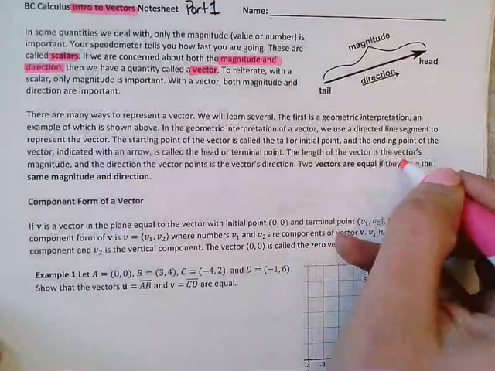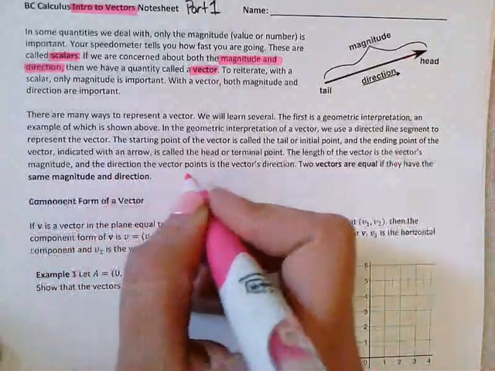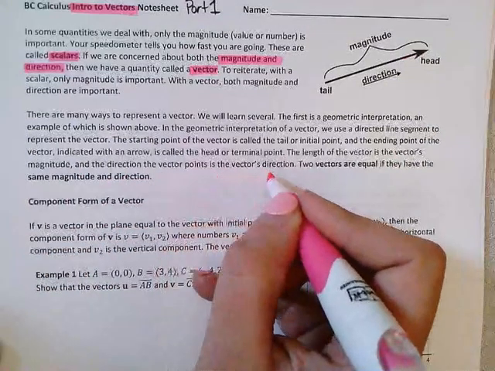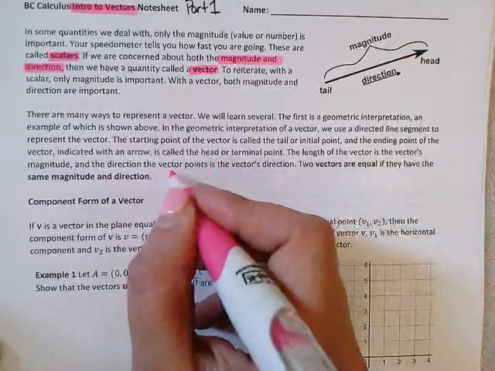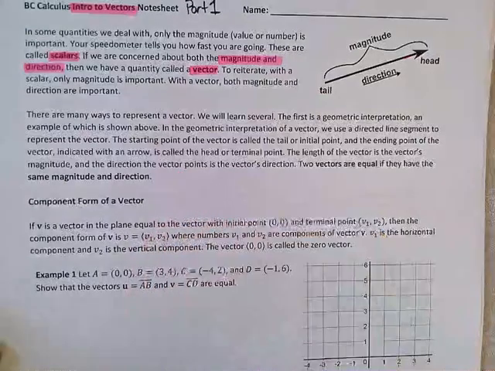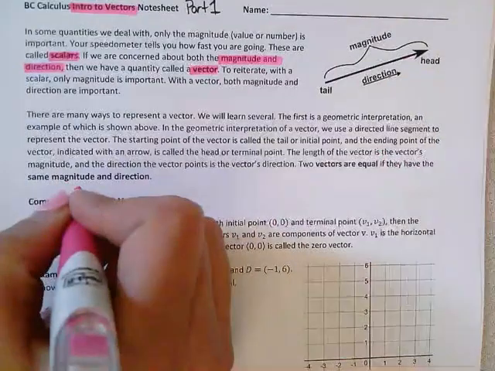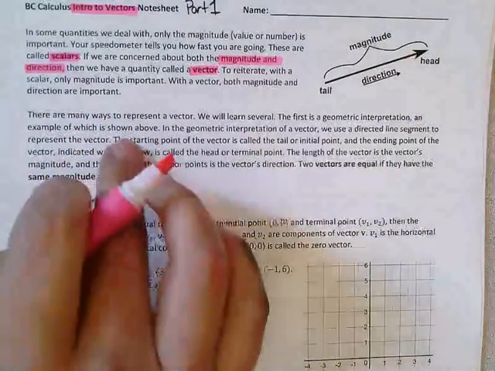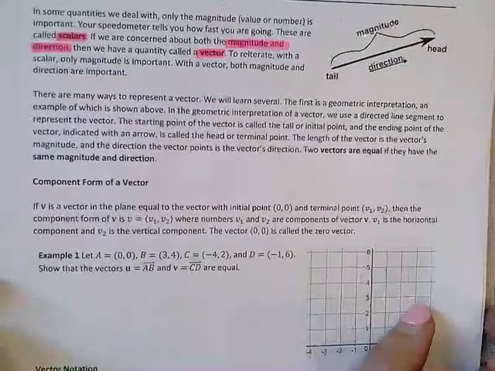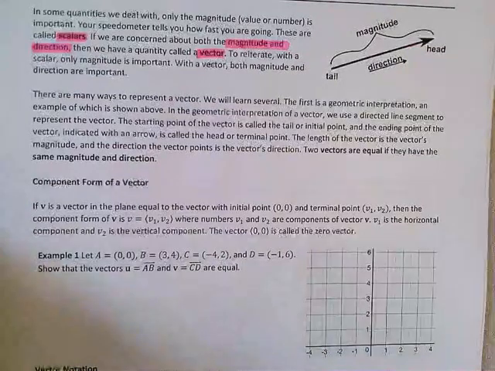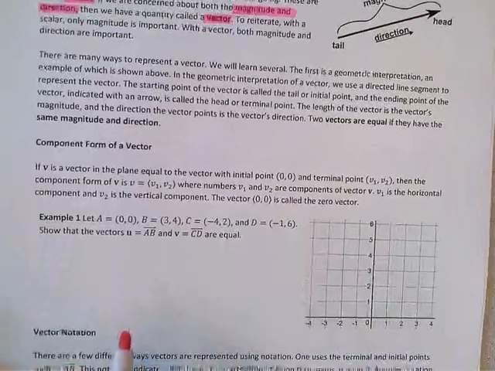The length of the vector is the vector's magnitude, and the direction the vector points is the vector's direction. So two vectors are equal if they have the same magnitude and same direction. I'll give you guys time to go through that and really interpret it, but a lot of it is just review and the definitions of what vectors are.